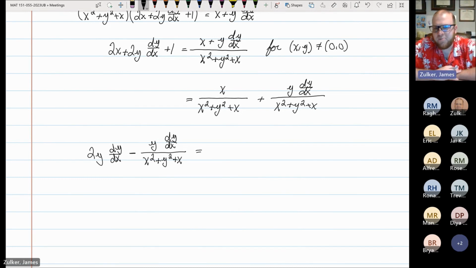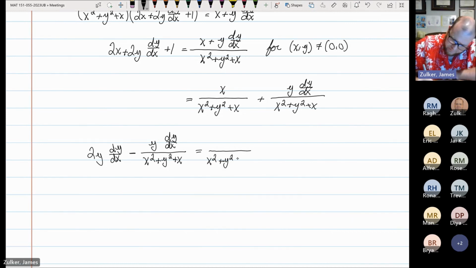And then subtract y dy dx over x squared plus y squared plus x from both sides. We are also going to subtract the quantity of 2x plus 1, and so minus 2x minus 1 from both sides.